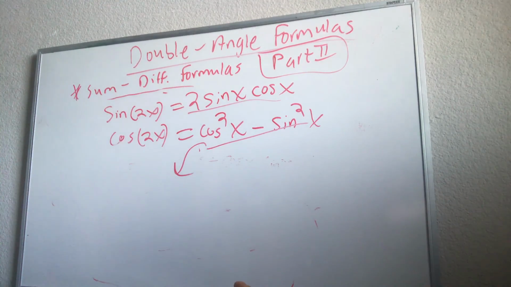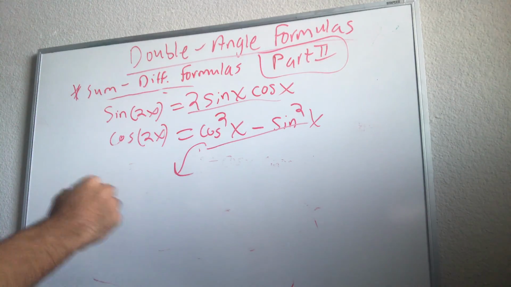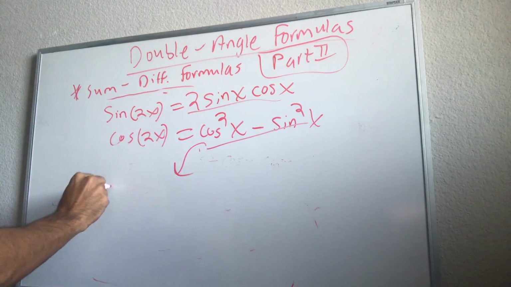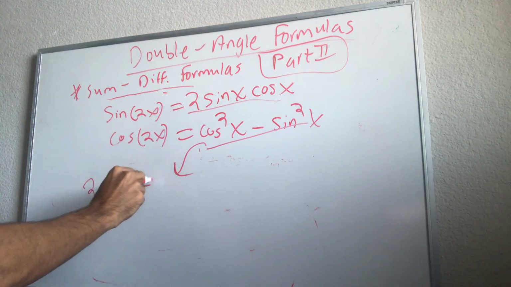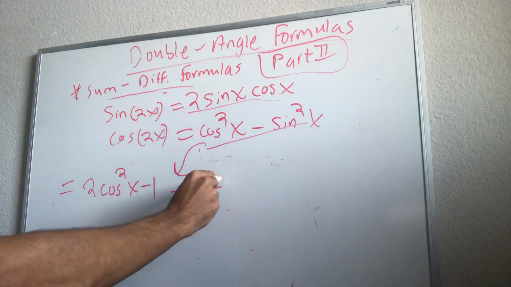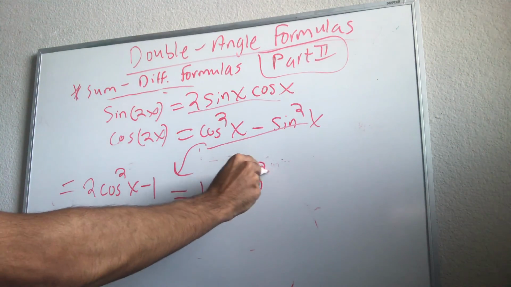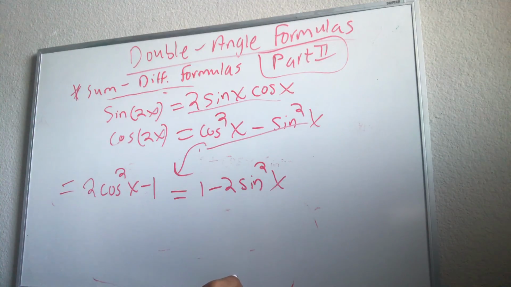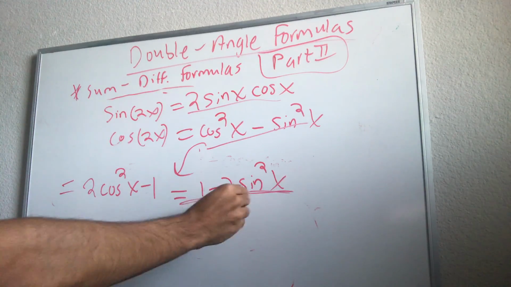So cosine squared x, if you recall, first of all, the Pythagorean trigonometric identity that cosine squared x plus sine squared x is equal to 1, you can derive that 2 cosine squared x minus 1 is equal to this, which is equal to 1 minus 2 sine squared x. And all I really did was cosine squared x is 1 minus sine squared x. 1 minus sine squared x minus sine squared x is 1 minus 2 sine squared x.